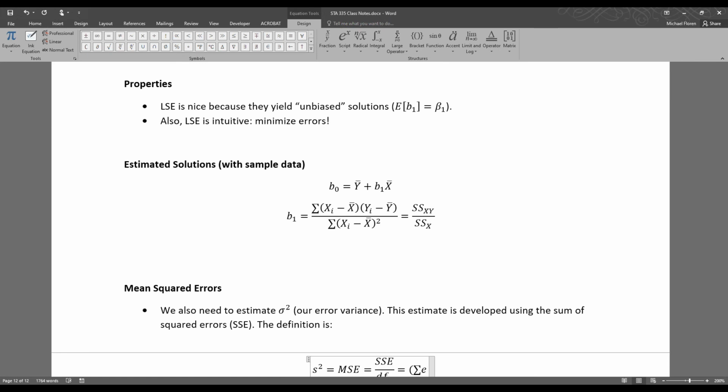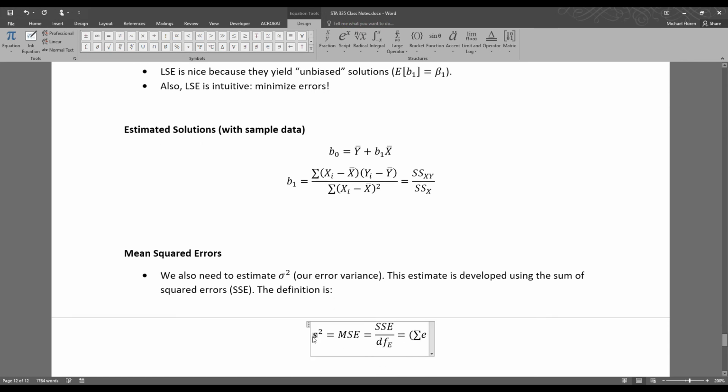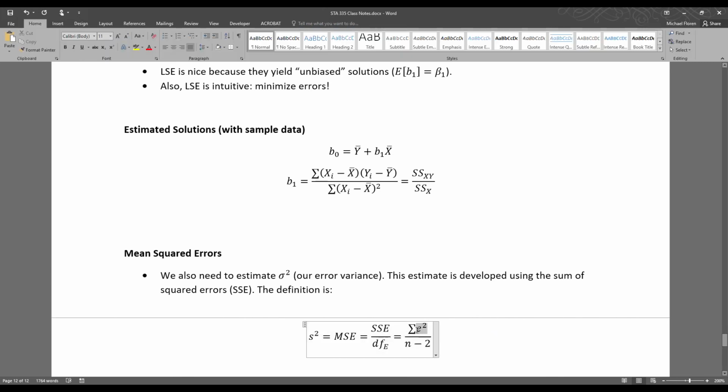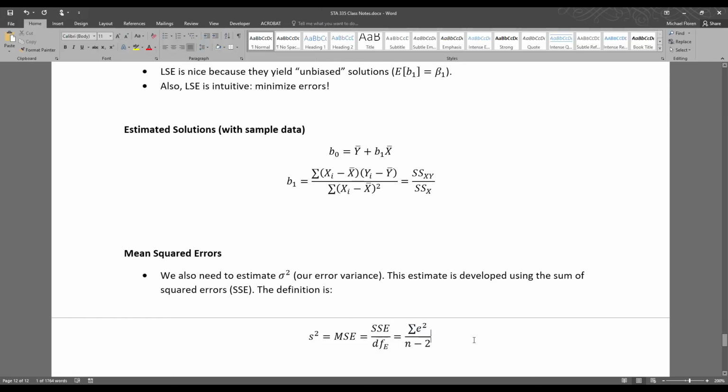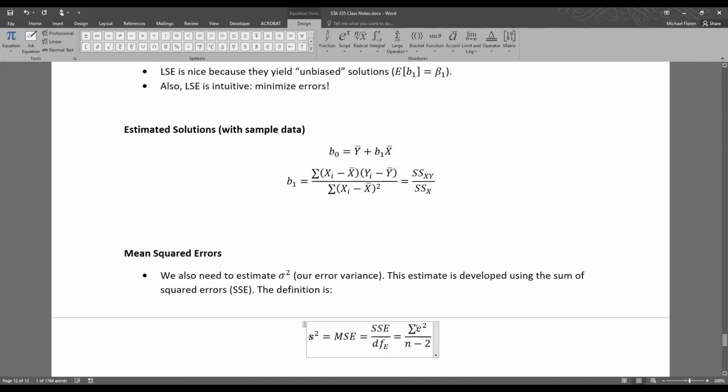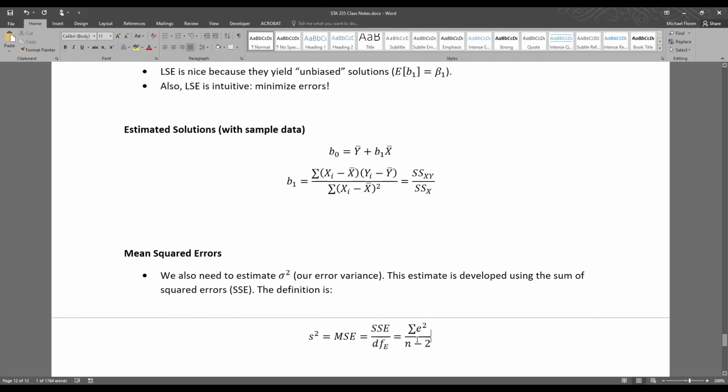And in this case, because we're using s squared instead of sigma squared, I'll just skip the theoretical version so that we can go straight to the useful one, which is the sums of squares of the residuals. So remember, we don't have the true error terms in a fit model, we just have the residuals. This would be sigma squared if we had used epsilon here, so we could use epsilon.